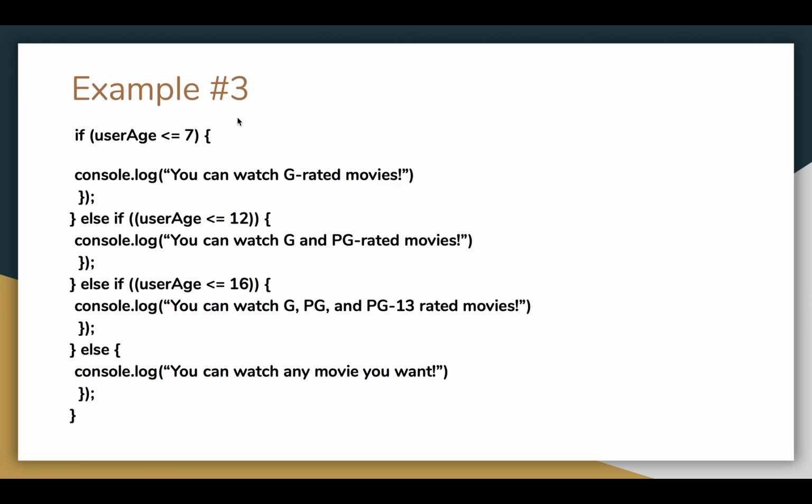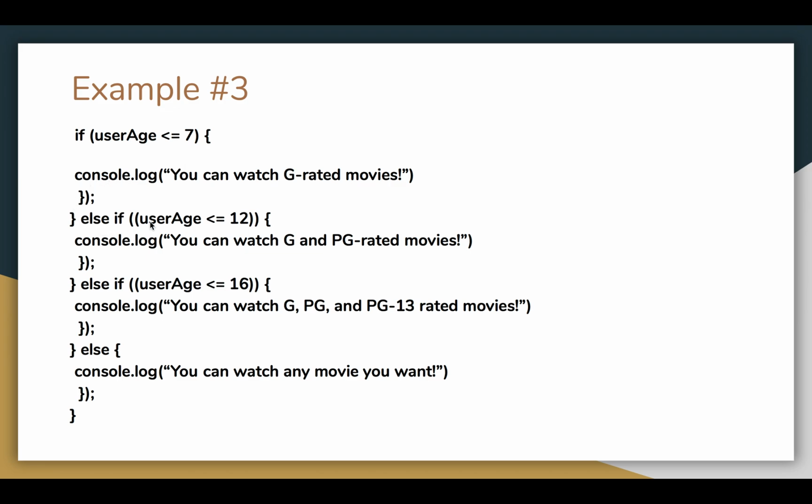To clarify with an example, if I was 23 years old, here I input 23 for user age. If user age is less than or equal to 7, this is going to be proved false because 23 is not less than or equal to 7.